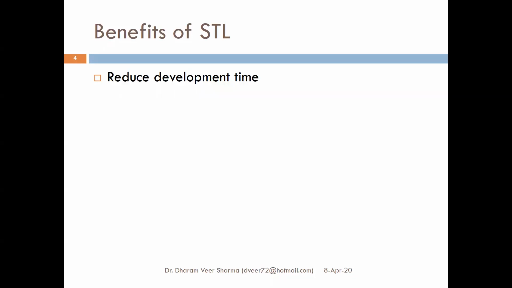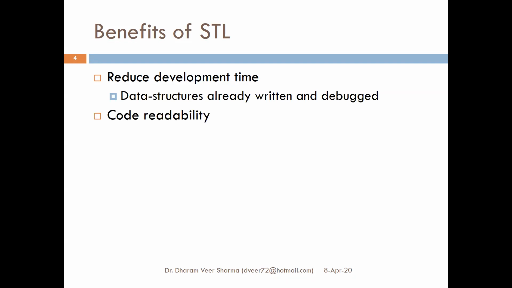You can straight away focus on applying those data structures instead of constructing them from the beginning, because they are already written and they are well debugged, they are error free. It improves the code readability. However, I don't agree with it. It makes the code a little difficult to understand because of all that cryptic code.